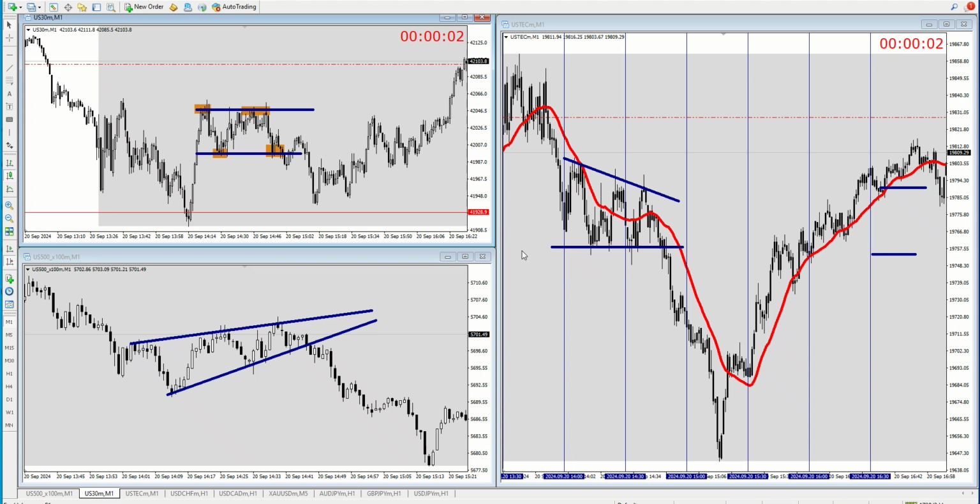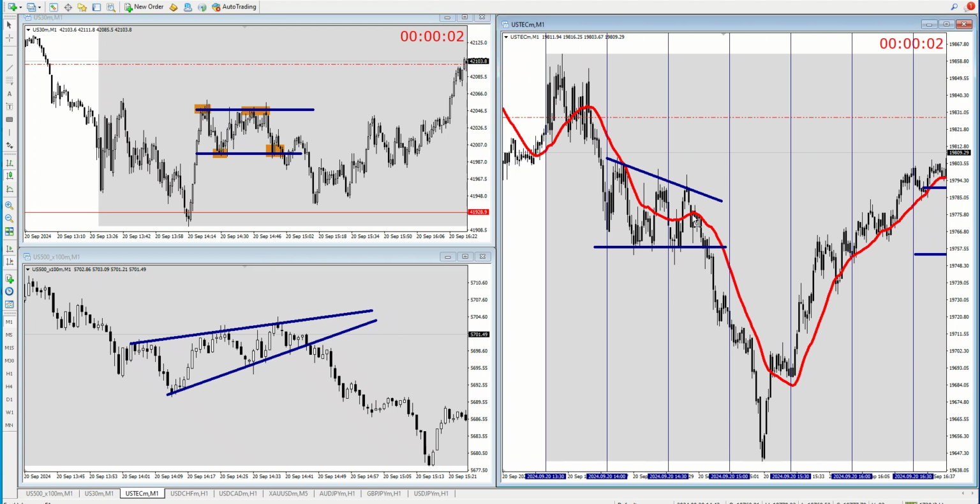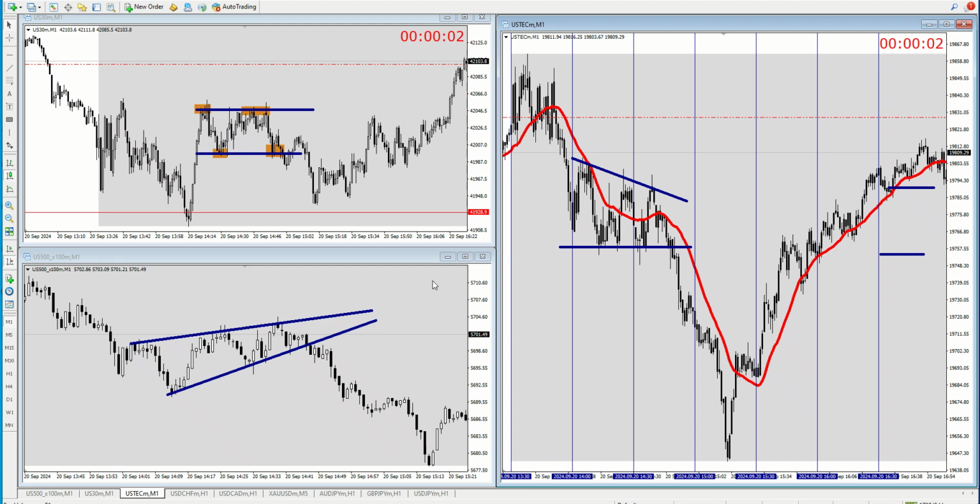This is the check, this is the pattern, right? I will write down the patterns and what I see. First of all, let's go to the check mark. We are gonna be looking at the Nasdaq right now. You see the pattern, right? Is it perfect?